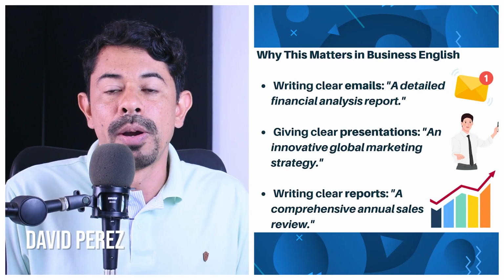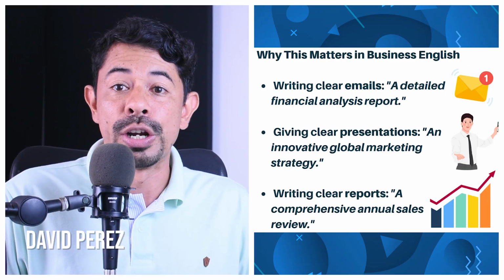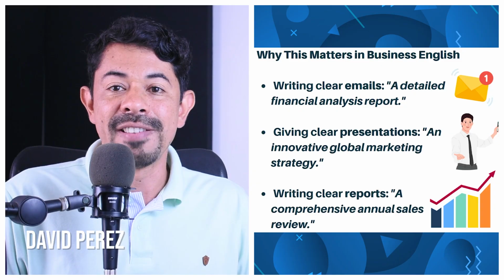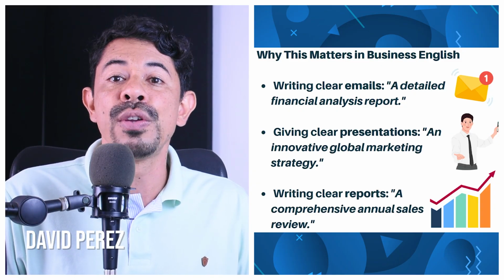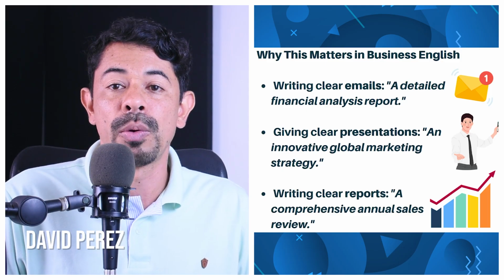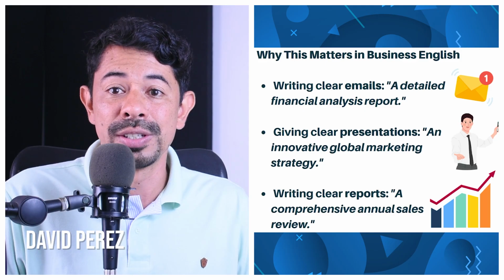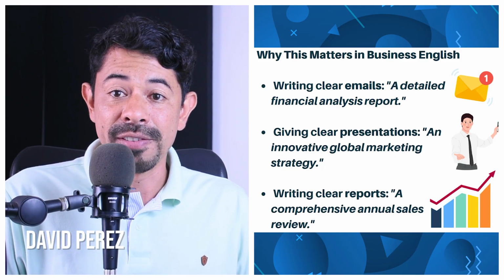And the other purpose is similar to writing emails, which is writing reports. You need to make sure this information can be reviewed and read in the future, because the information in our report is going to be used for future decisions. So future decisions need to be made based on clear information.